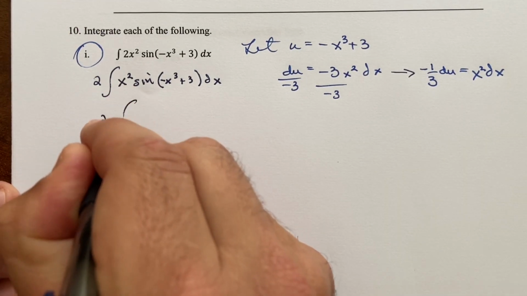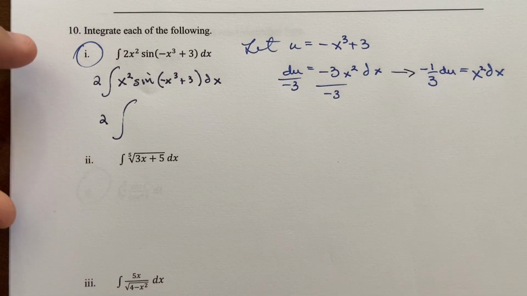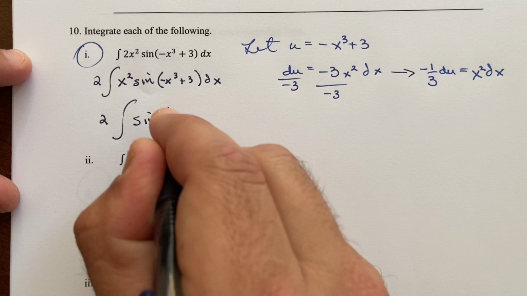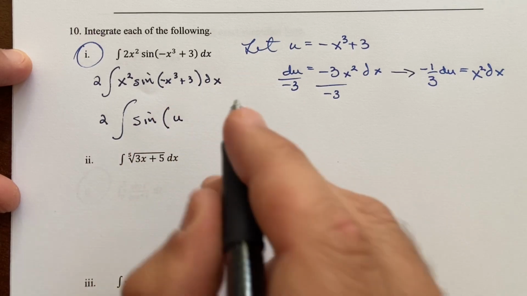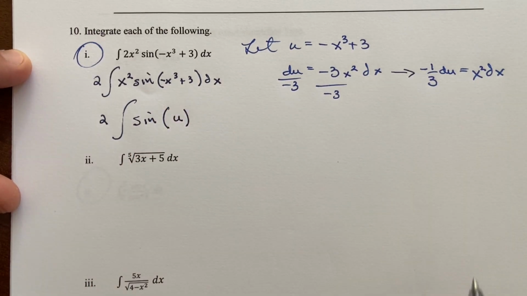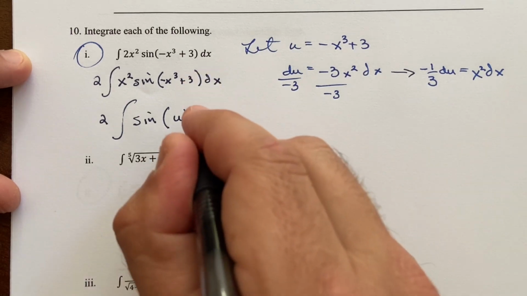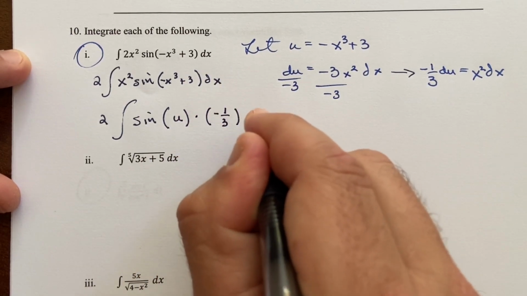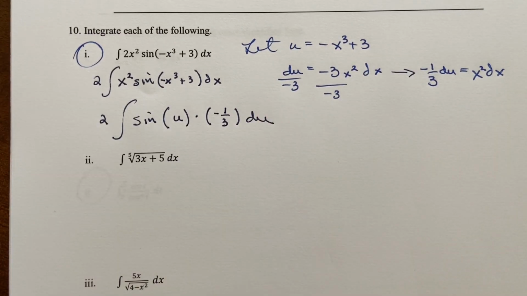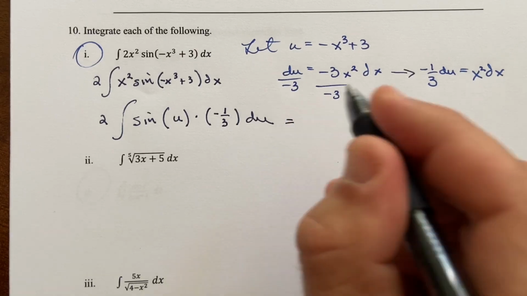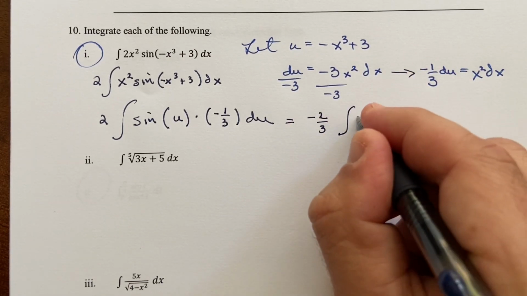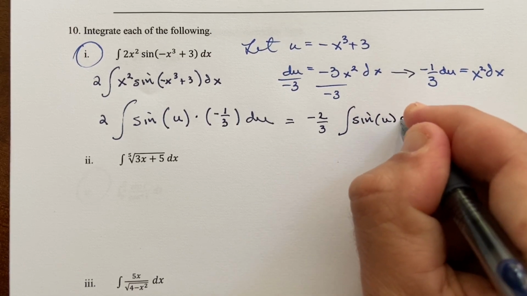So we have 2, and then this integral of sine of u times negative 1/3 du. Okay, so I can bring that negative 1/3 out front, so negative 2/3, and then the integral of sine u du.